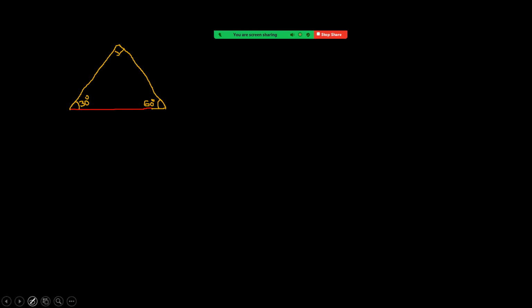Now these are the beads. This is making an angle alpha here, which we have to calculate. So when this is alpha, this becomes 90 minus alpha.